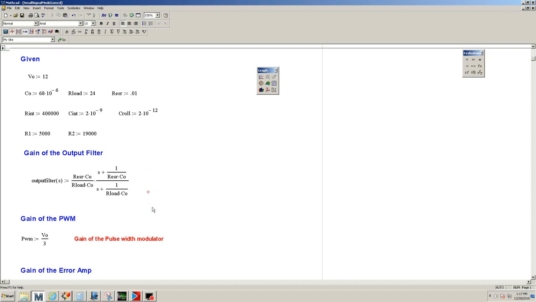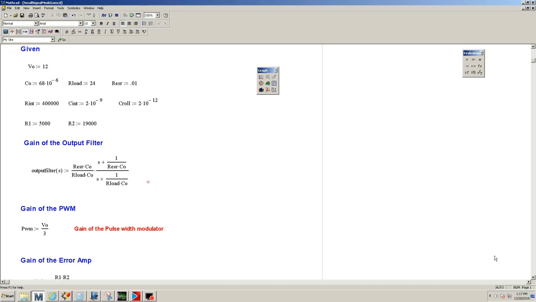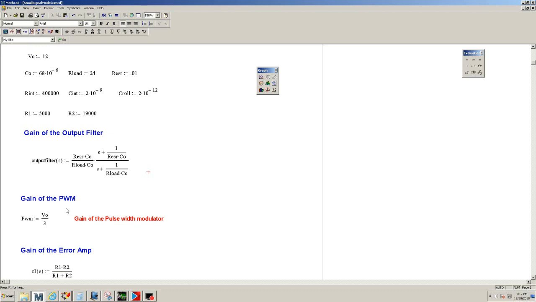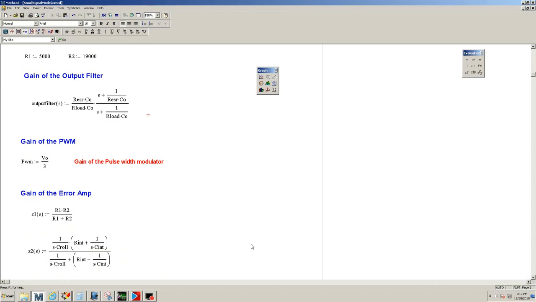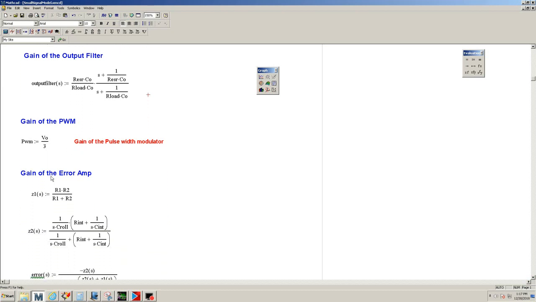Here is the equation for the PWM. Here is the equation of the error amp. Here I define the impedance of Z1.